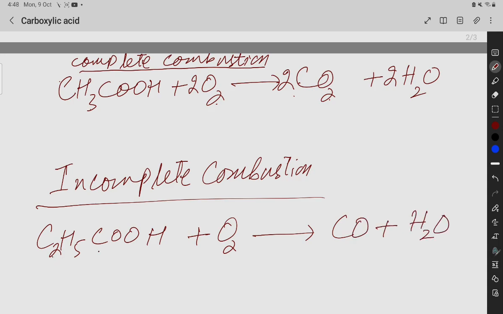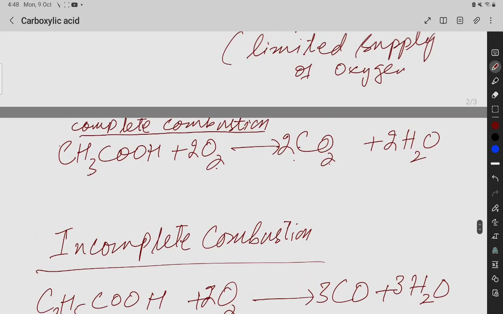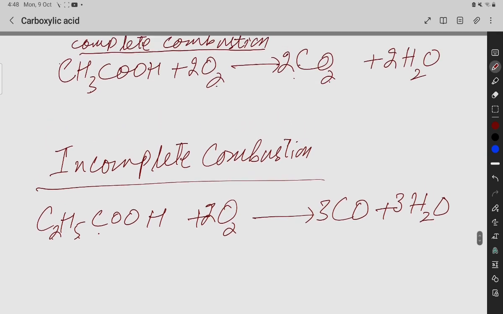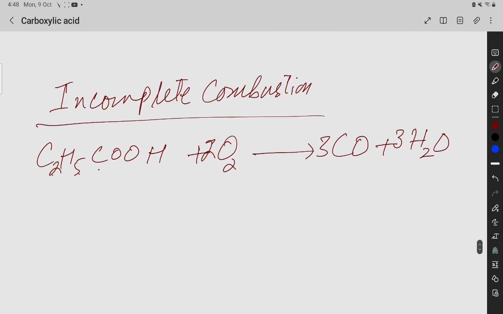Carbon is 3 and hydrogen 6, 3H2O, 3 oxygen over here and 2 and 2 is 4. तो आपके पास बैलेंस, इसमें मल्टीप्लाई 2 करके कर सकते हैं. हाँ, ठीक है. सो द सेम रिएक्शन नेक्स्ट कार्बोक्सिलिक एसिड के भी सेम रिएक्शन होंगे. ठीक है. दिस इज़ फर्स्ट केमिकल प्रॉपर्टीज, कंप्लीट कंबस्शन एंड इनकम्प्लीट कंबस्शन.